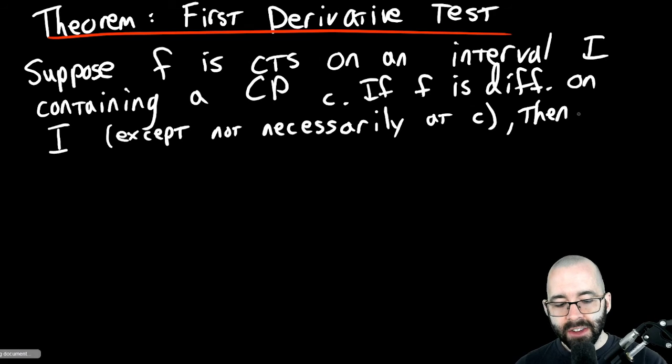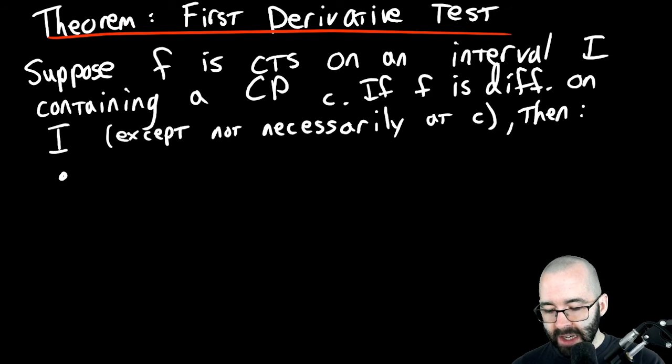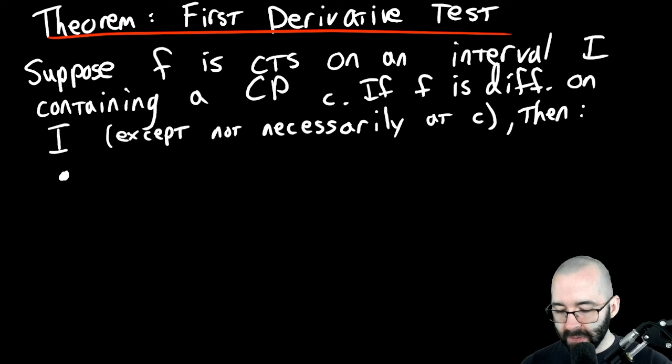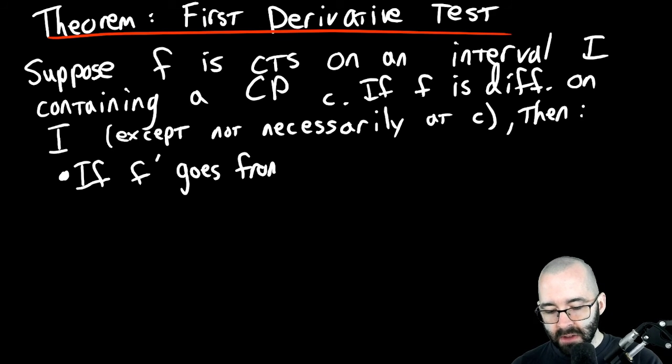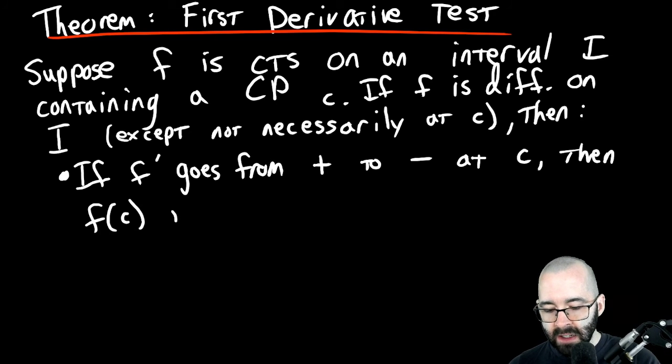All right, then let's actually get to the test. So it's a test. What are we testing? We're testing the derivative. If f prime, the derivative, goes from positive to negative at C, then f of C is a local what?